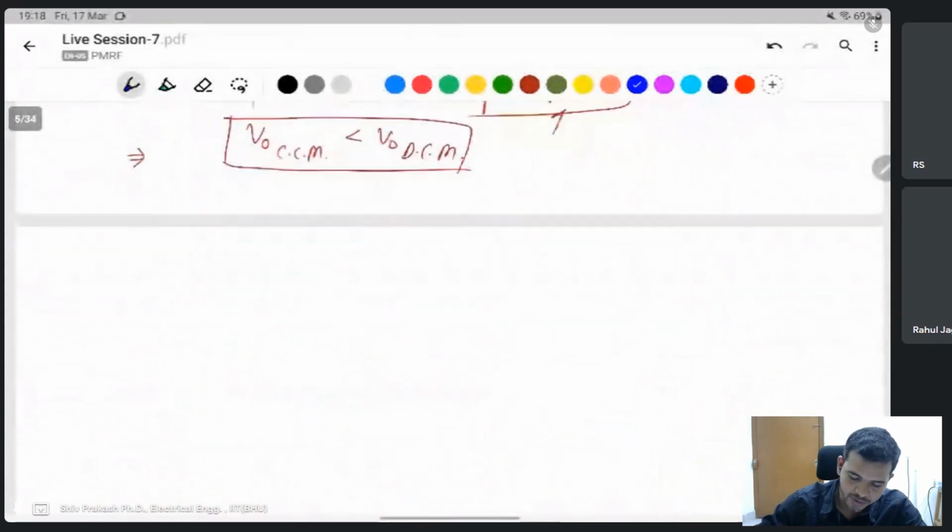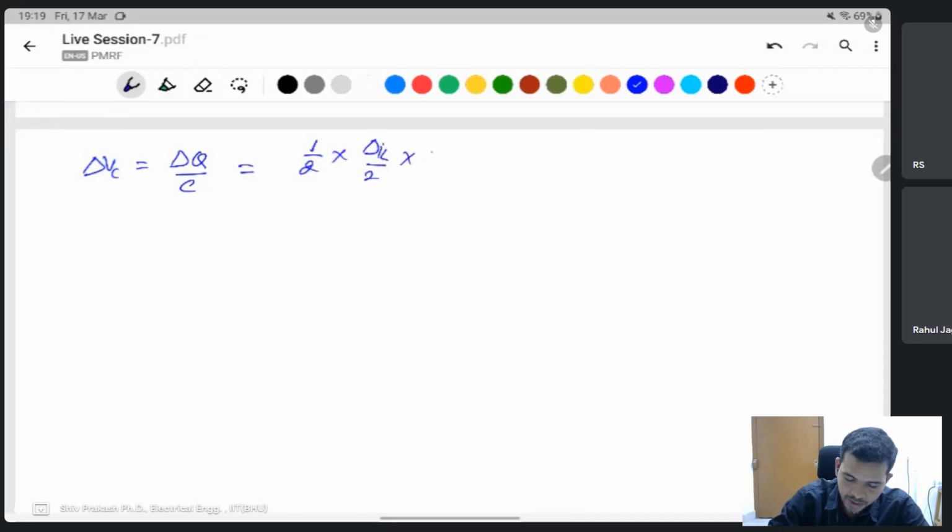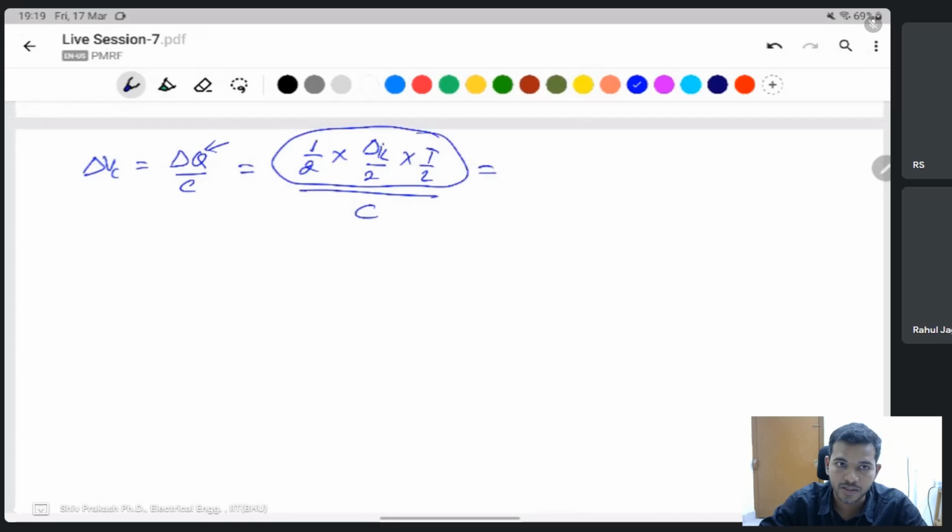Delta Vc means delta Q, the change in charge during the charging or discharging condition, divided by C. So it is half times delta IL by 2 times T by 2, which is the average current in the charging condition; you can also take it in the discharging condition.